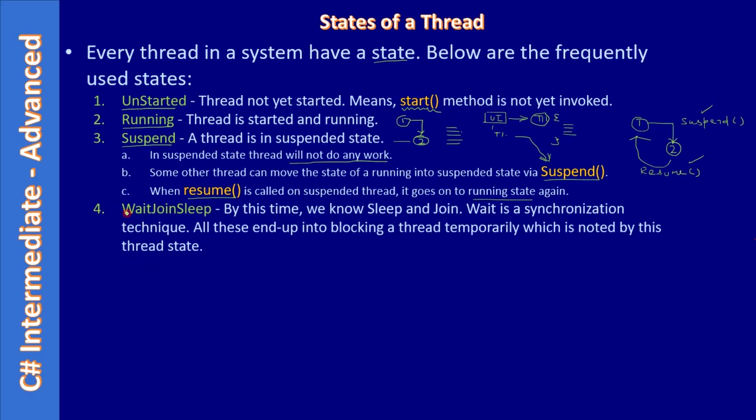There will be one more state called wait, join, sleep. By this time we know what sleep is. We can ask the thread to stop for a temporary period of time using sleep, or when you make use of join, at that time also a thread will stop and wait for some other thread to complete.